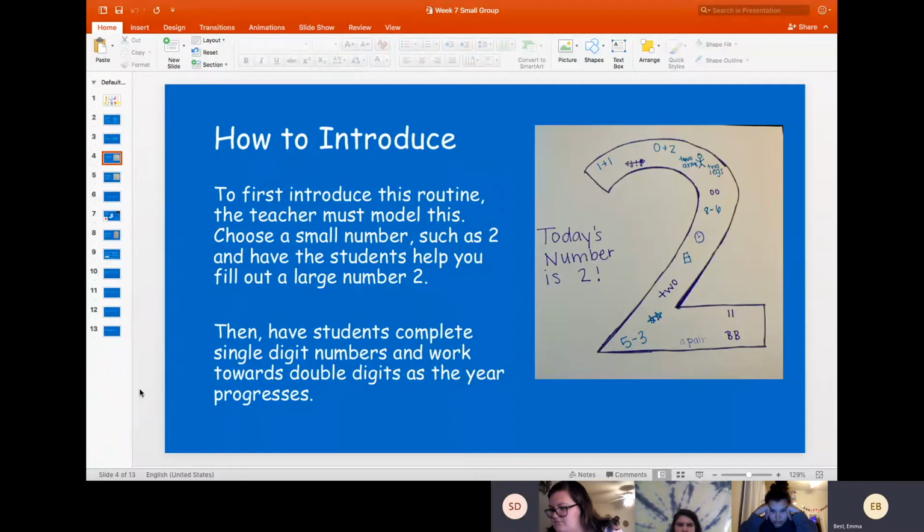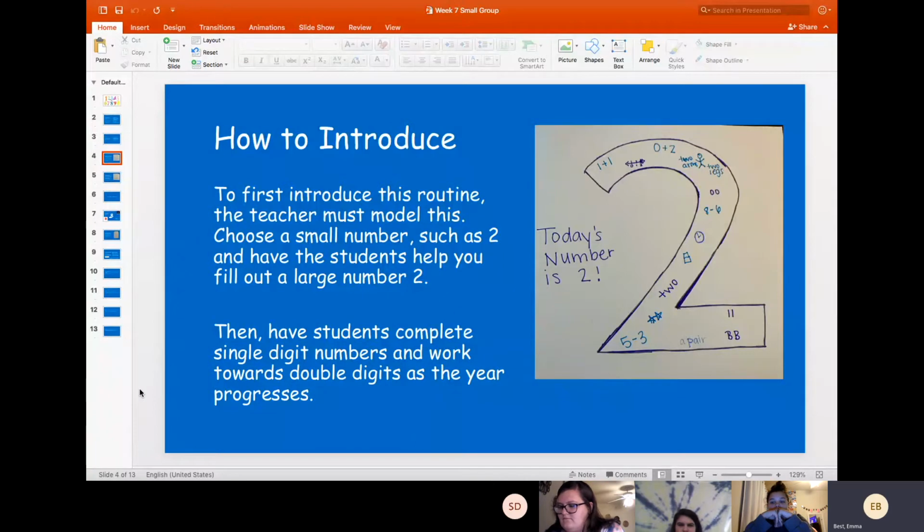So how I would introduce it, this is a model, a quick sketch that I did. You would use a big poster board, or you could even do it on a smart board or whatever you have, and you would make a bubble letter. I think it is best for the teacher to model this first, because it's not as simple as just asking what do you think.